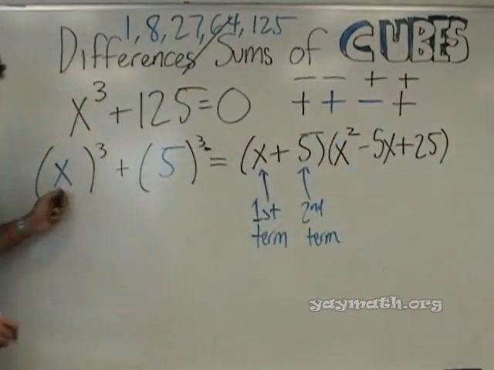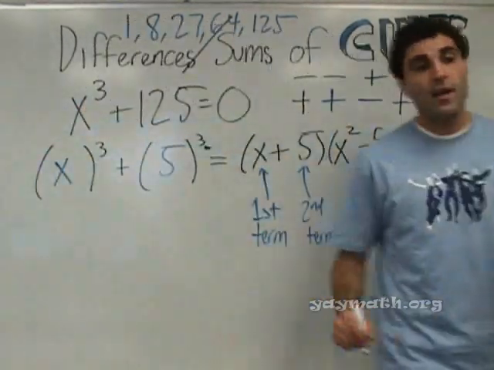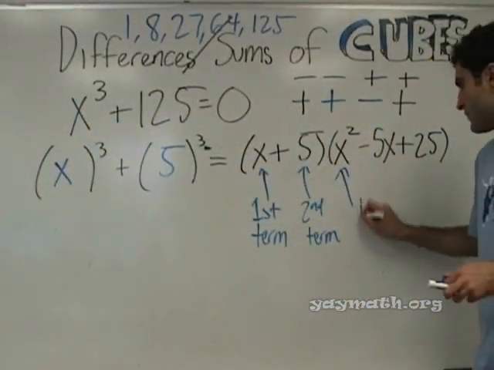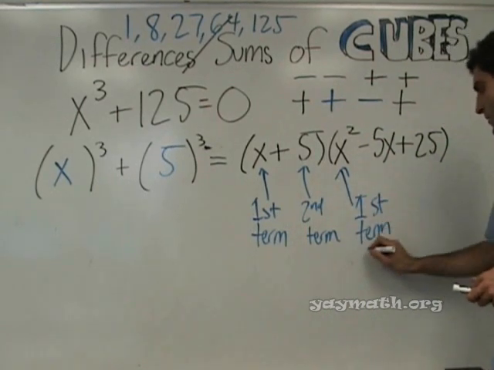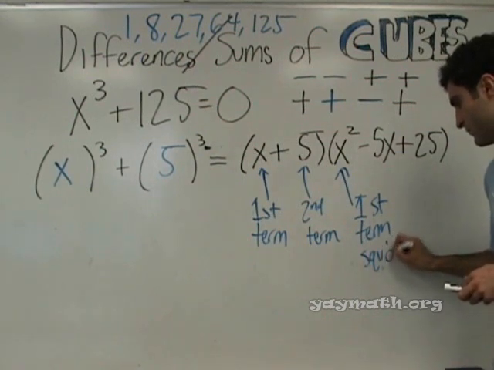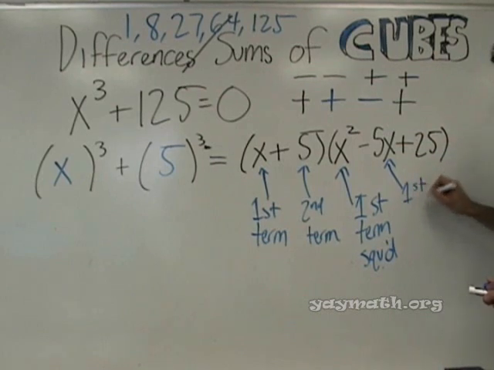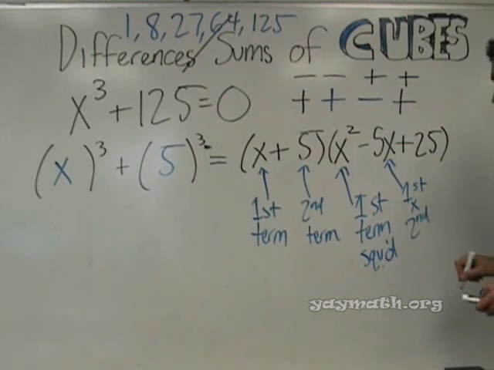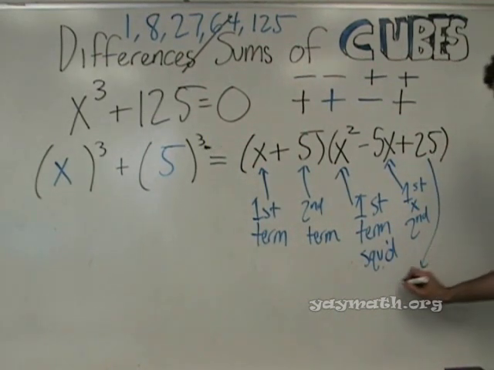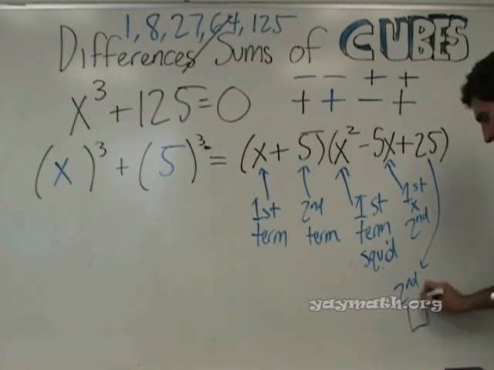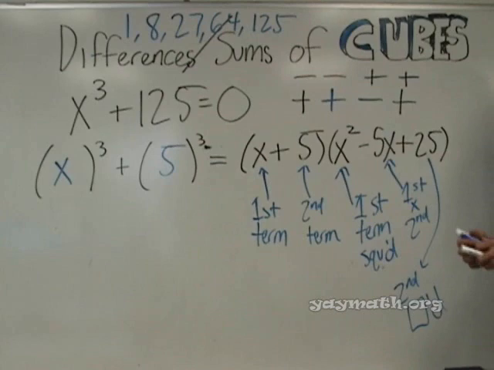This one looks like first term squared. This one is first times second. You just follow the pattern every time. And this one is second term squared.